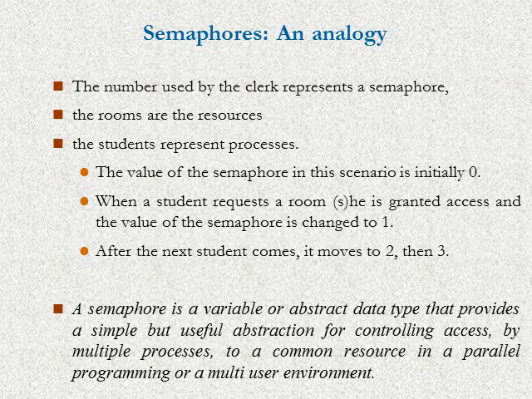So you can see that the front desk officer just keeps track of the number of used rooms. So the basic definition of a semaphore is that it is just a variable that provides us a simple mechanism to control the access of multiple processes in an environment where we can have parallel execution of multiple processes simultaneously.